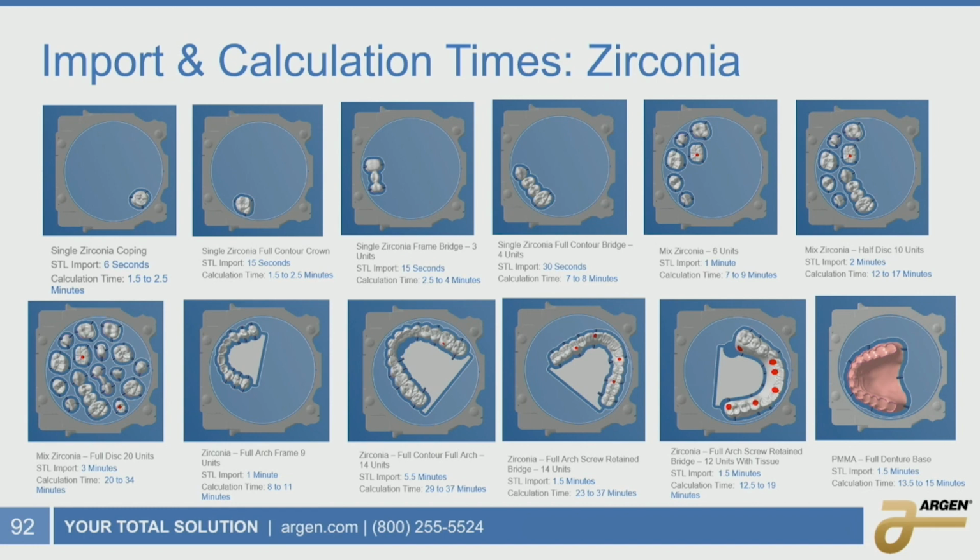Right here's an example of what your standard PC import times and calculation times are going to be. So if I'm nesting up a full disk, to bring in all of those files probably took me 3 minutes, and it's going to take me 20 to 25, maybe 30 minutes to calculate. Doing a big all-on-4 case, probably took me 1 to 2 minutes to bring it in, maybe 20 to 30 minutes to calculate it.